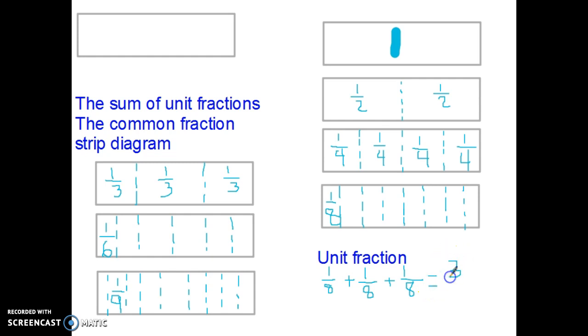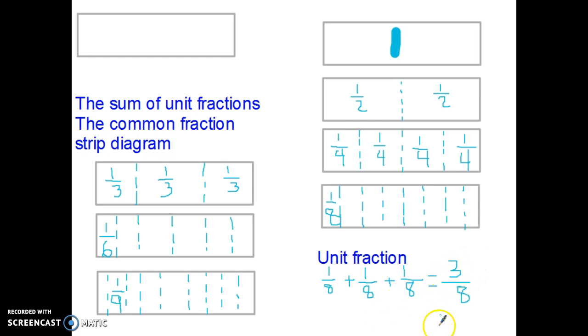So this is my sum of unit fractions. That shows that I have 3/8 of the bread, but that means I took out 1/8 and then an eighth again, and then I took out another eighth, and that equals 3 slices out of my 8 slices of bread.